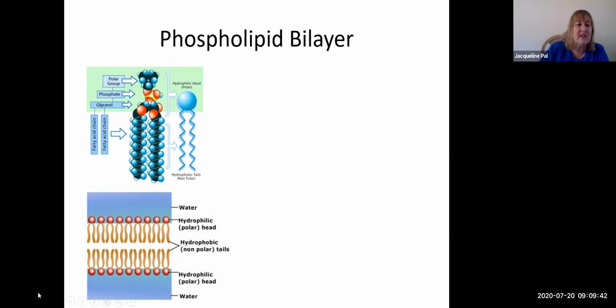Then our tails, the parts that hate water, we call hydrophobic. Remember, phobia means fear of, like arachnophobia, you hate spiders. Hydrophobic tails, those fatty acids, don't like water, so they're on the inside. This is what our phospholipid bilayer looks like.